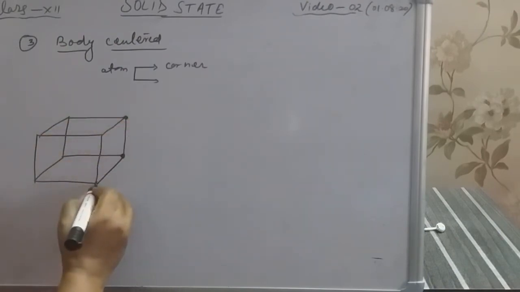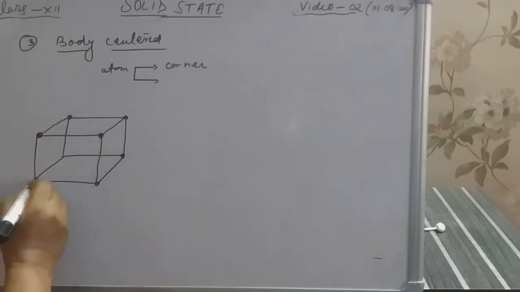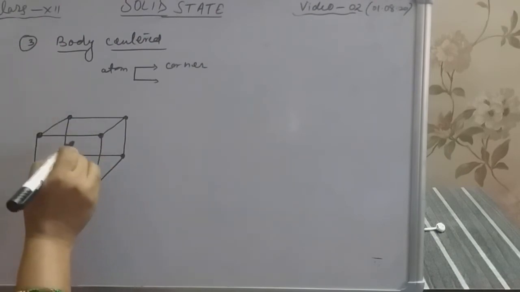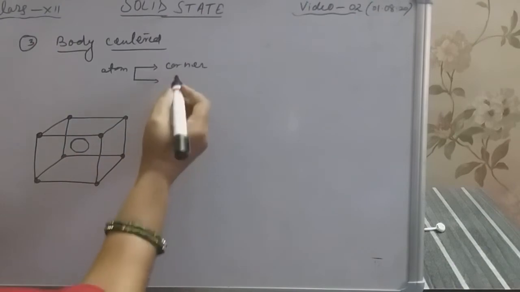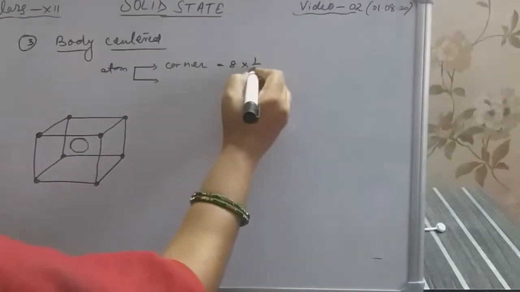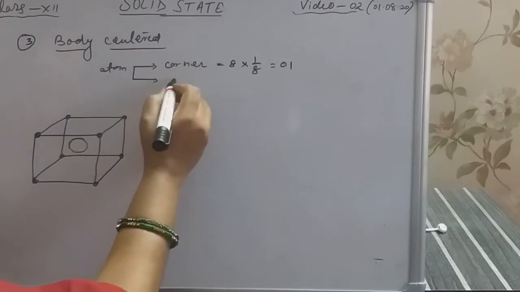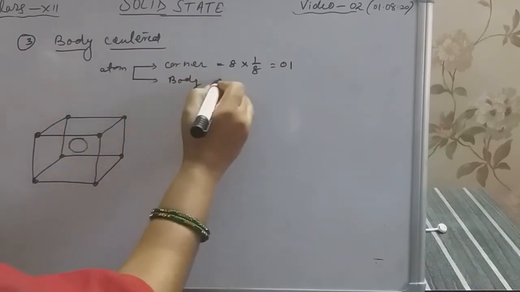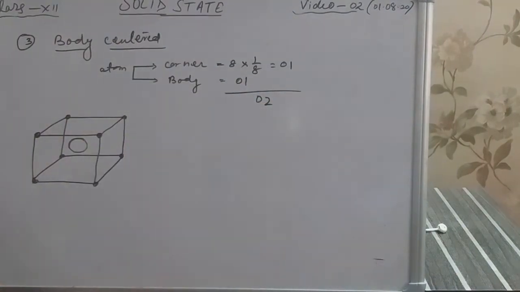Atoms are present at the corner as usual, 8 corners, and at the center of the body. So at the corner and the body: the total number of corners is 8, so how many atoms are present in the corner? 1, and in the body only 1. So the total number of atoms present in the body centered cubic unit cell is 2.